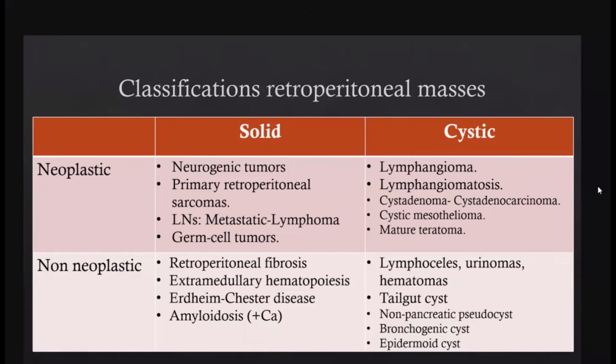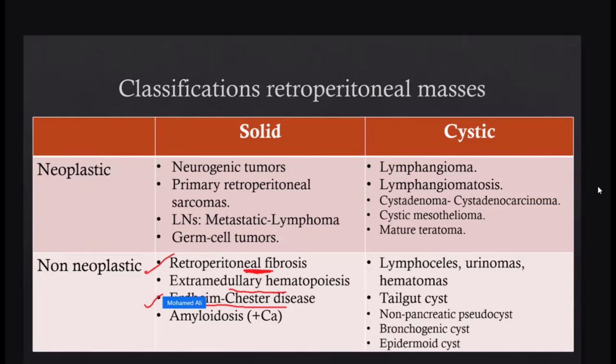For any retroperitoneal masses, we can think of neoplastic and non-neoplastic masses. The top differential diagnosis for solid neoplastic retroperitoneal masses: neurogenic tumors, primary retroperitoneal sarcomas, lymph nodes, metastatic or lymphoma, germ cell tumors. Also, we can see retroperitoneal fibrosis, extramedullary hematopoiesis, Erdheim-Chester disease.